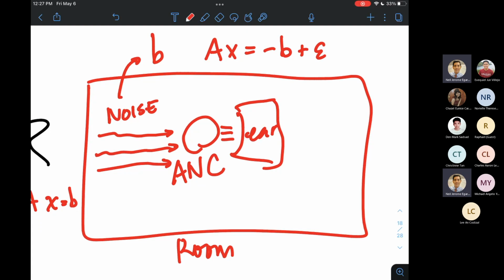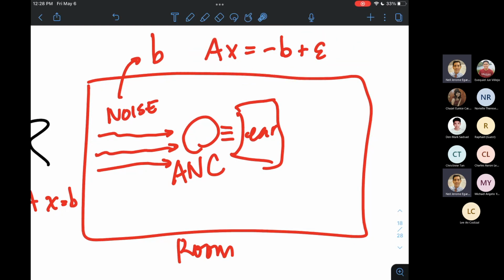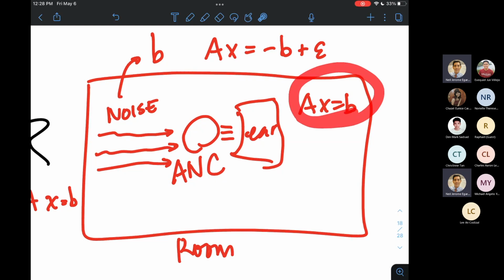And pagka ill-conditioned yung matrix, yung solution nito ay posibleng napakalayo dun sa solution nung AX equals B. At pag nagkataon na yon, kapag feed ko dun sa aking ANC, alright, posibleng yung ma-produce ko na sound ay hindi negative B. Kasi para ma-cancel ito, dapat may negative B ito.